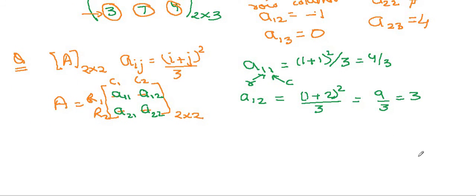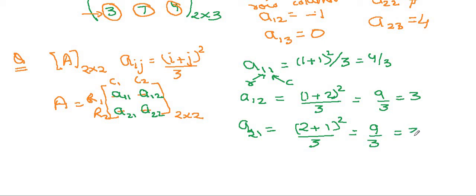Now the next element is a21. Here i is 2 and j is 1. So it will be (2 plus 1) whole square upon 3. Again it will be 9 by 3, which is equal to 3.